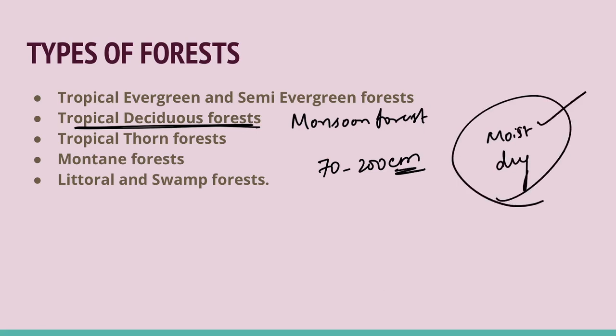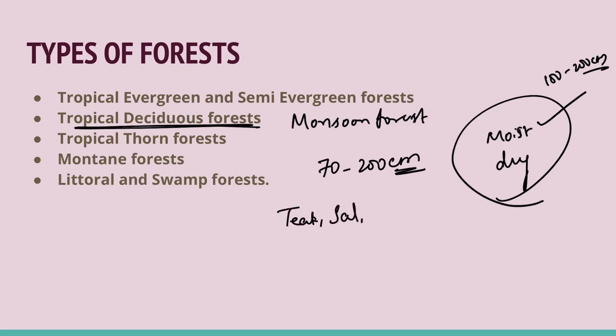The moist deciduous forests are more pronounced in the regions which record a rainfall of 100 to 200 centimeters, and these forests are found in the northeastern states along the foothills of the Himalayas, eastern slopes of the Western Ghats and Orissa.